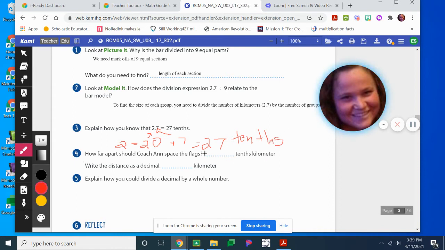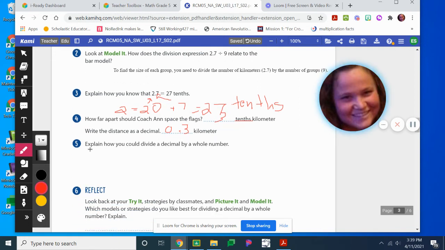How far apart should each of those flags be? We're going to say 3 tenths of a kilometer. So when we write that as a decimal, it's 0.3. Whoa. So how can we divide a decimal by a whole number?